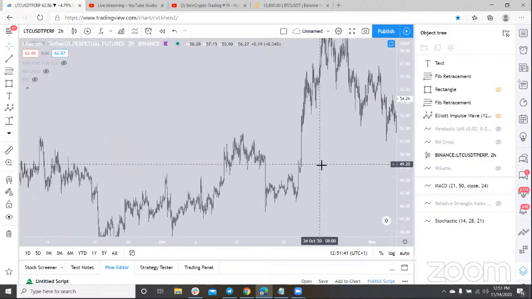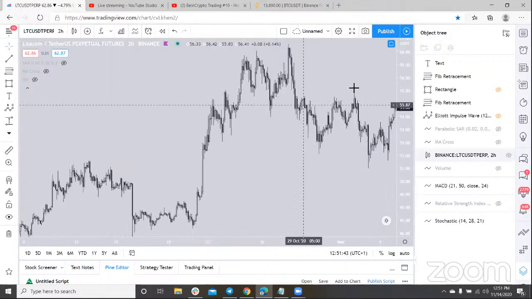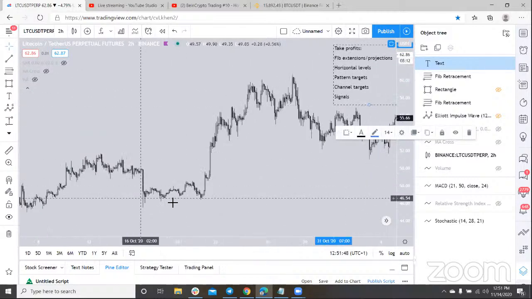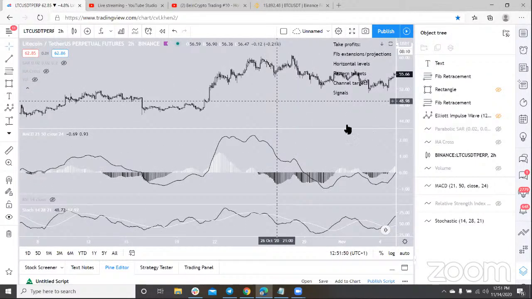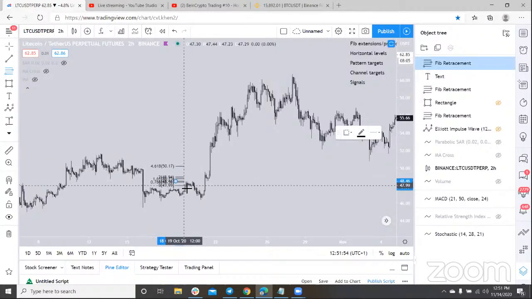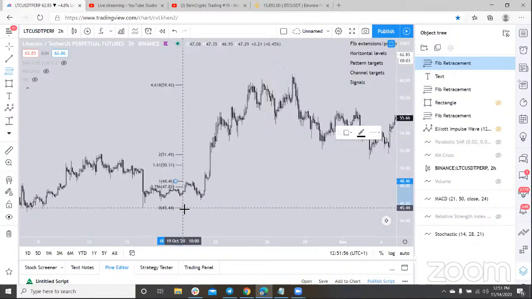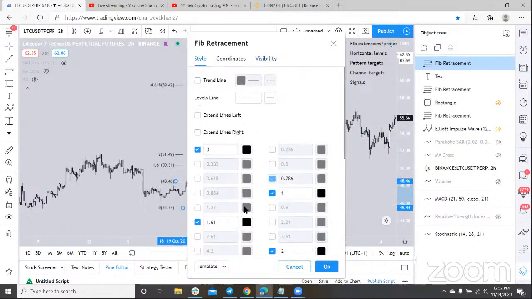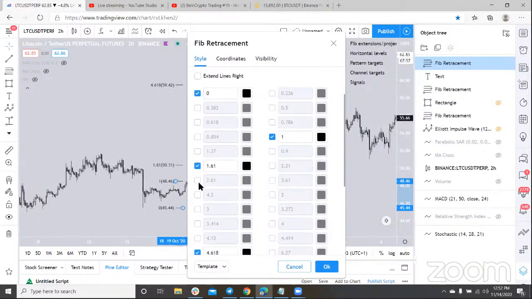So you need to find the seed wave, which means the first upward wave. So if I entered here again, you use an external fib for the first wave. Let me just clean this up.